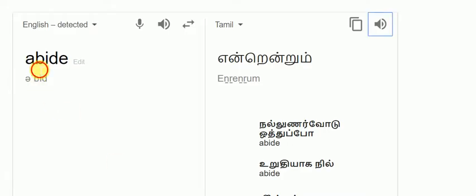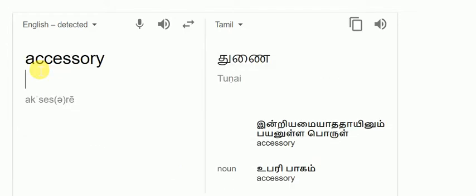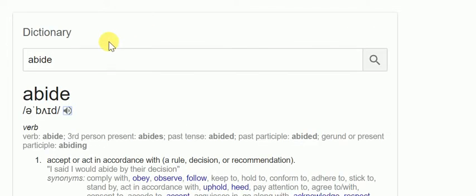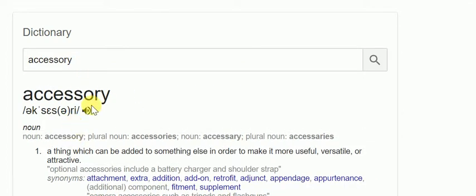So the next word we are seeing, this also is important, is accessory. Accessory means things which can be added to something else in order to make it more usable, versatile or attractive.